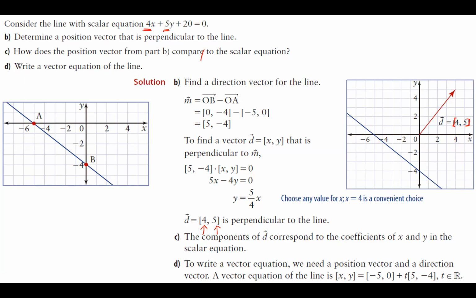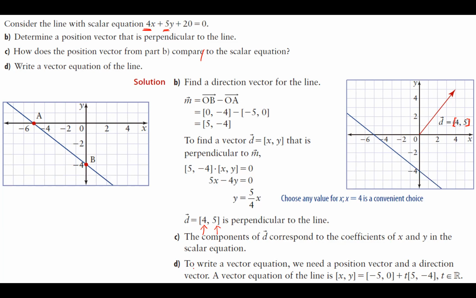So 4, 5 is a vector that is perpendicular to this line. That's the connection between the components of the vector perpendicular to this line and the coefficients of x and y.